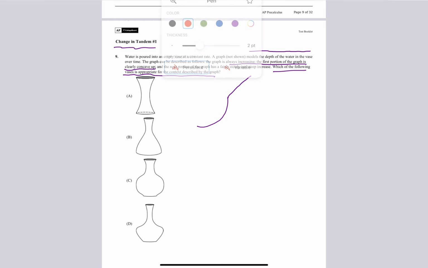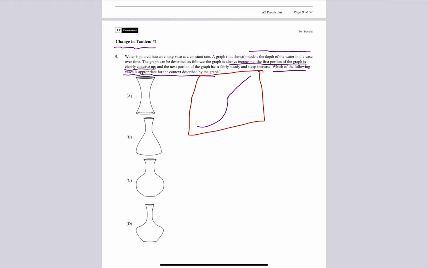Now, we're trying to translate this graph into one of the options. Well, this basically tells us that it takes time for water to build up, and then it increases at a steady rate. So at the top, it's going to be pretty straight.